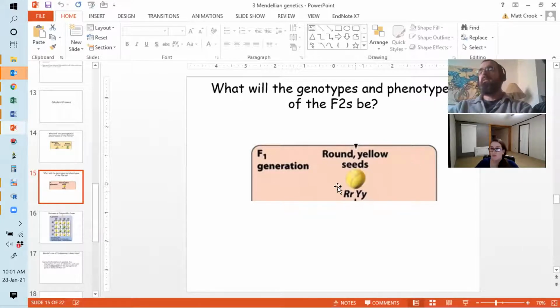So anyway, we get this, and the key here is we have essentially four different alleles, right? We have two different alleles for the seed shape gene, we have two different alleles for the seed color gene. How many combinations of alleles are we going to get in our haploid gametes?